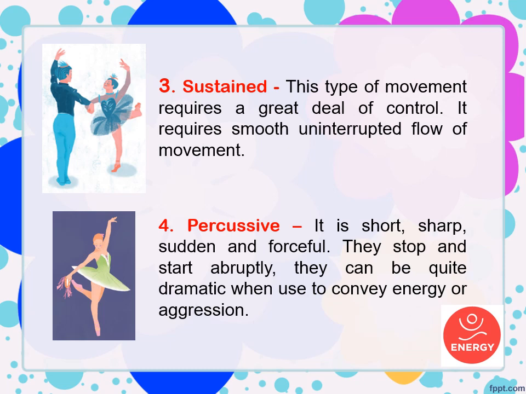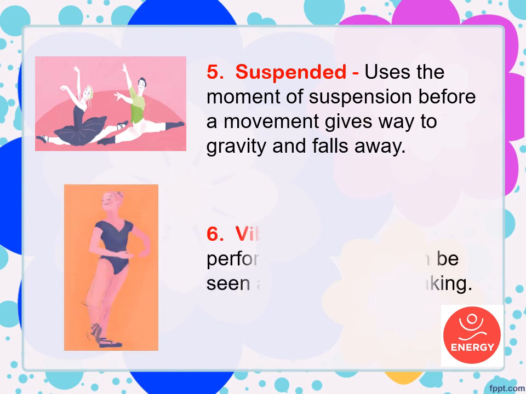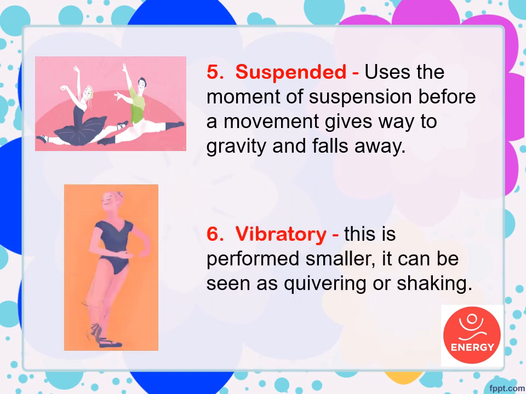They can be quite dramatic when used to convey energy or aggression. Five, suspended. Uses the movement of suspension before a movement gives way to gravity and falls away. Six, vibratory. This is performed smaller, and it can be seen as quivering or shaking.